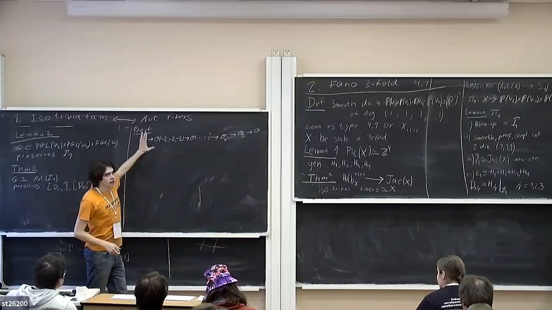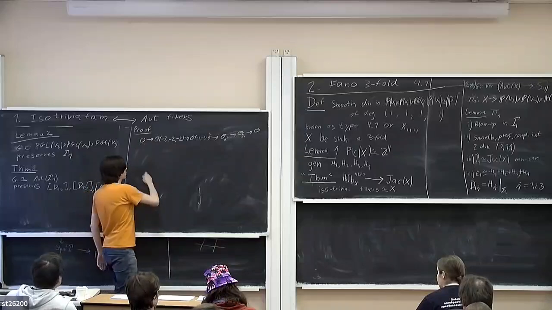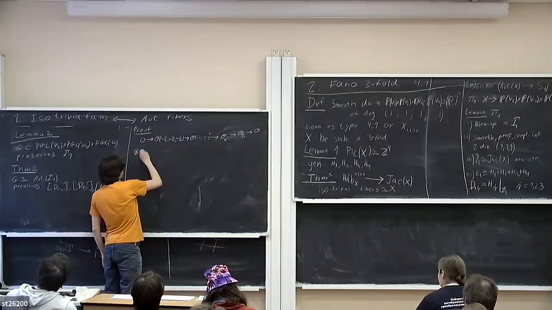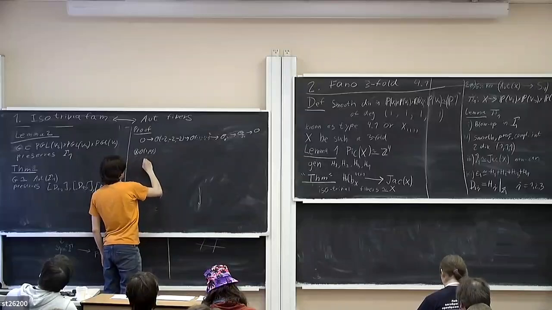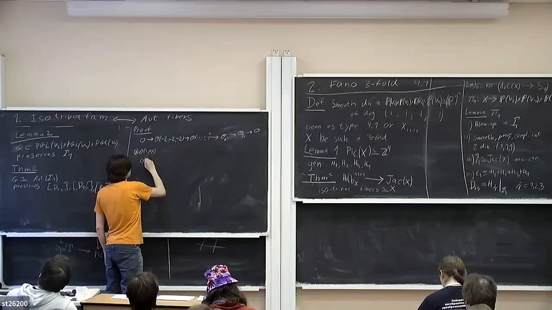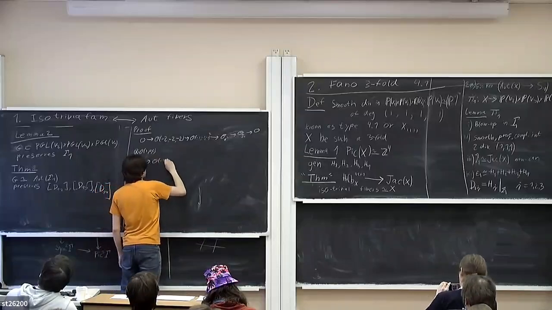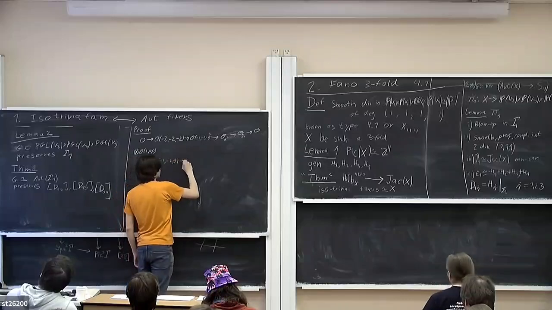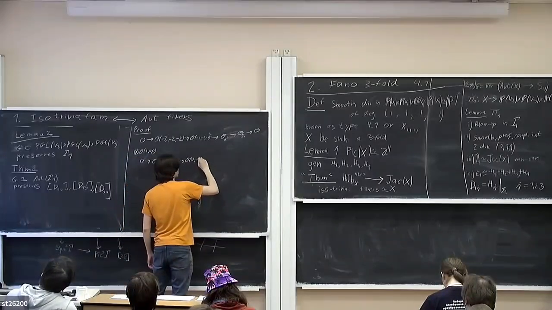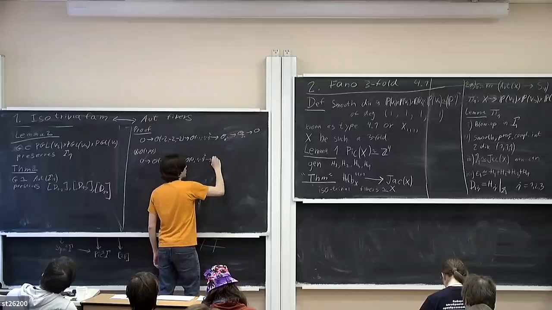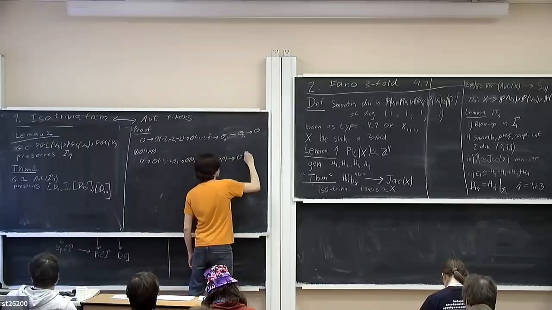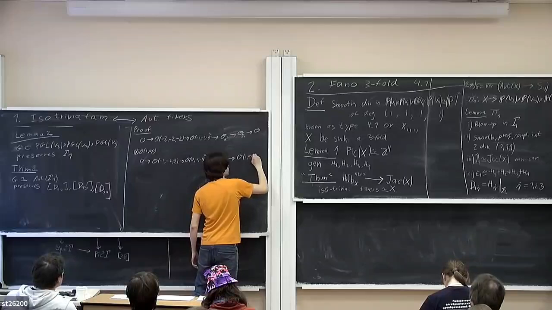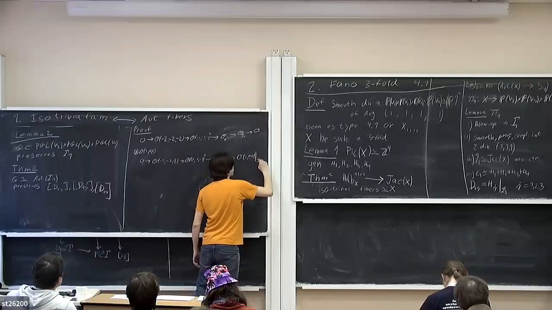And if we tensor this resolution with, say, O(0,1,0,0), then we obtain the exact sequence, and here we have the restriction of O(0,1,0,0) to gamma 1.